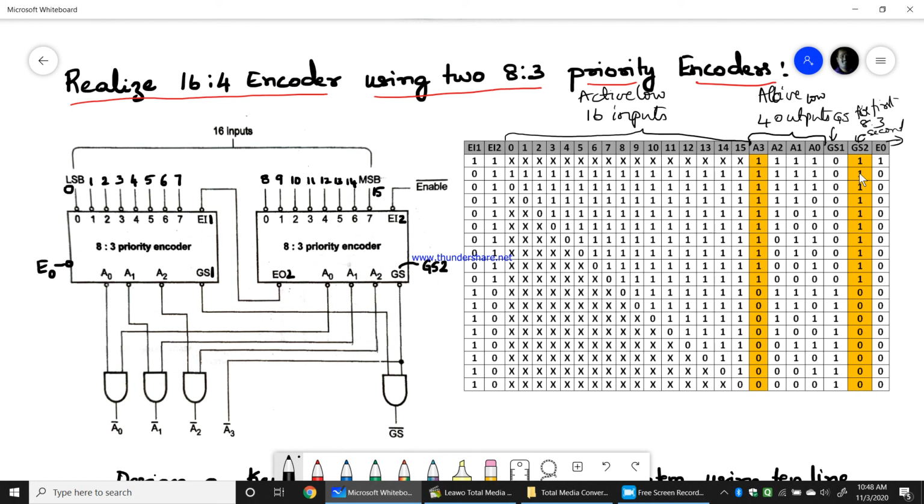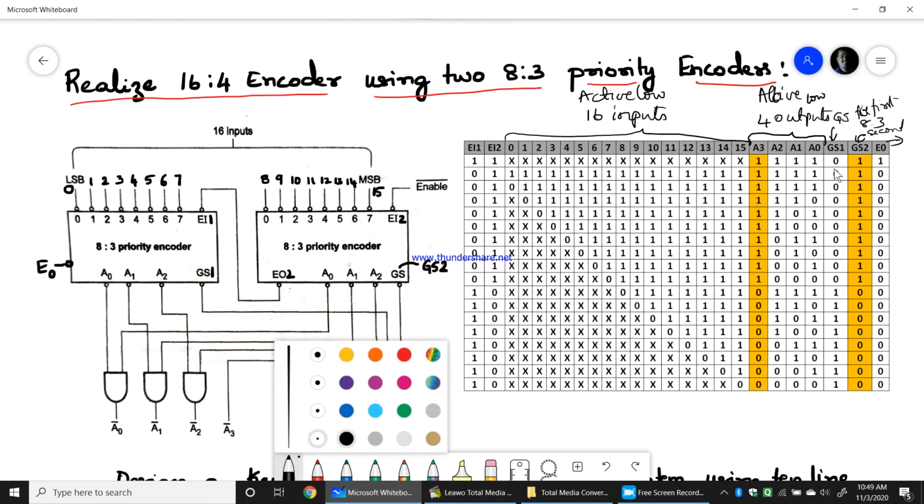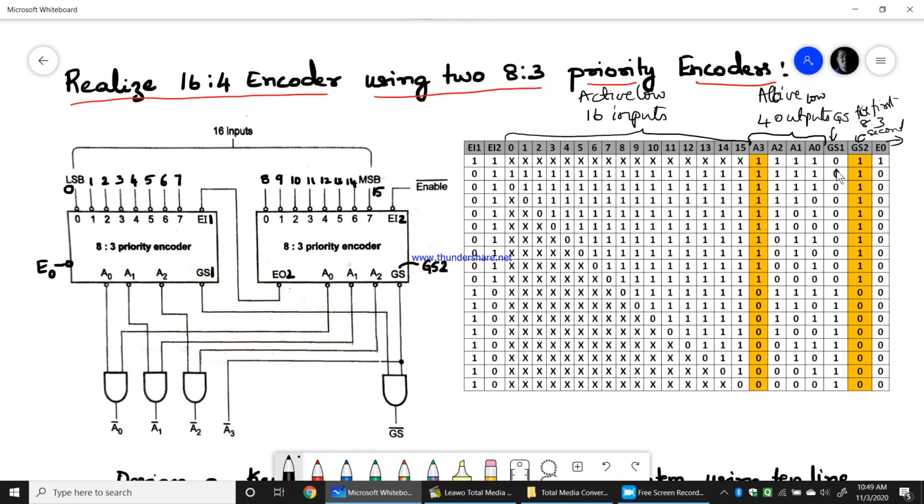GS1 and GS2 are the group signals. So if GS1 is 0, it means one of the inputs of the first 8:3 priority encoder is active. If GS2 is 0, any one input of the second is active. So for this entry, this is actually 1 only, because no input lines of any of these particular inputs are active. Therefore both GS1 and GS2 remain as 1 only now.